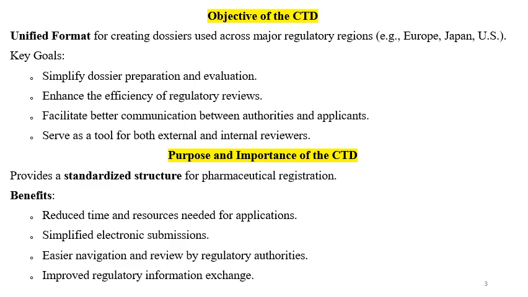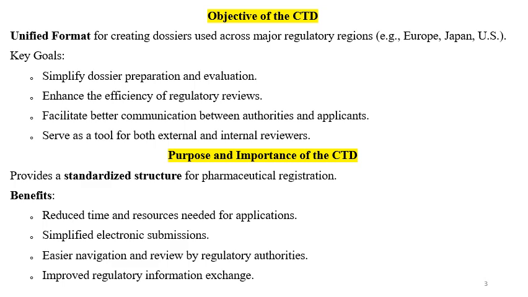The key goals of the CTD are to simplify dossier preparation and evaluation, to enhance efficiency of regulatory reviews, to facilitate better communication between the authorities and applicants, and CTD serves as a tool for both internal and external reviewers. These are the key objectives and key goals of CTD: to make the information simple, to compile all the information in a standard format so that it will serve as a tool for the reviewers.